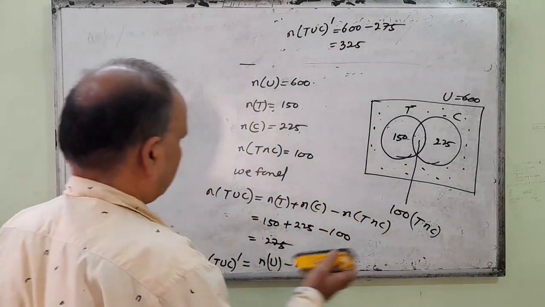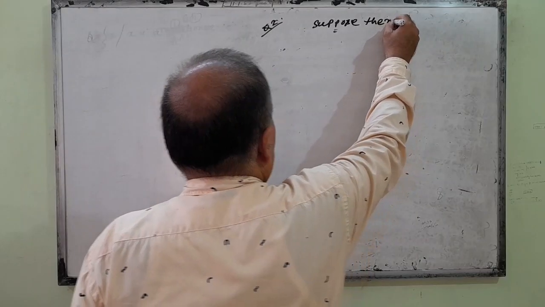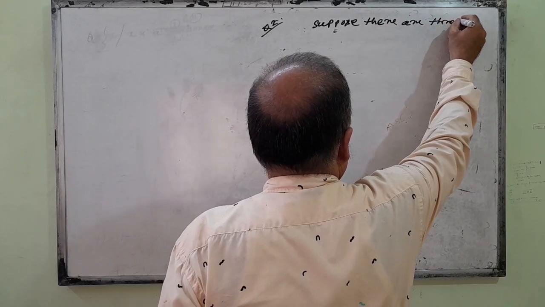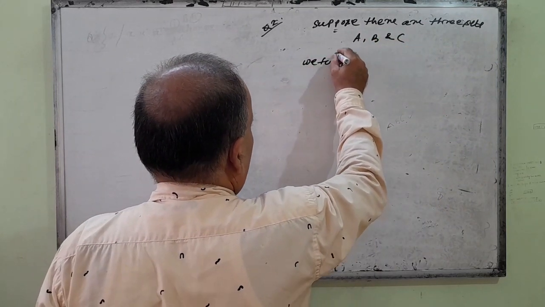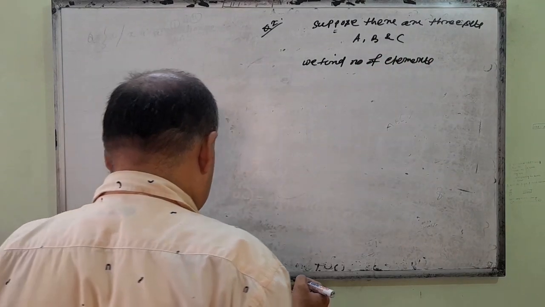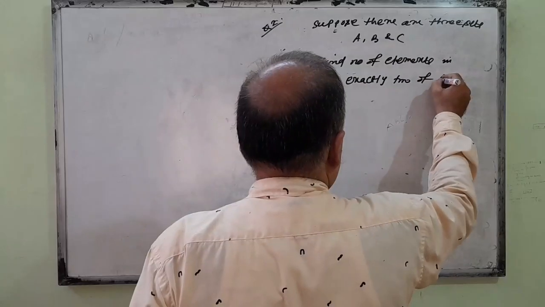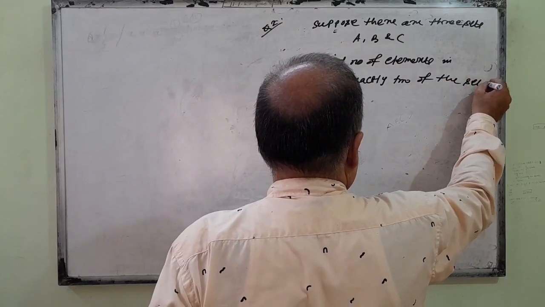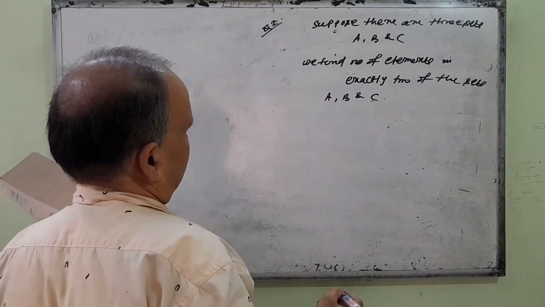Now I am doing one thing. Suppose there are three sets A, B and C. We find the number of elements in exactly two of these sets A, B and C. First you try to understand.